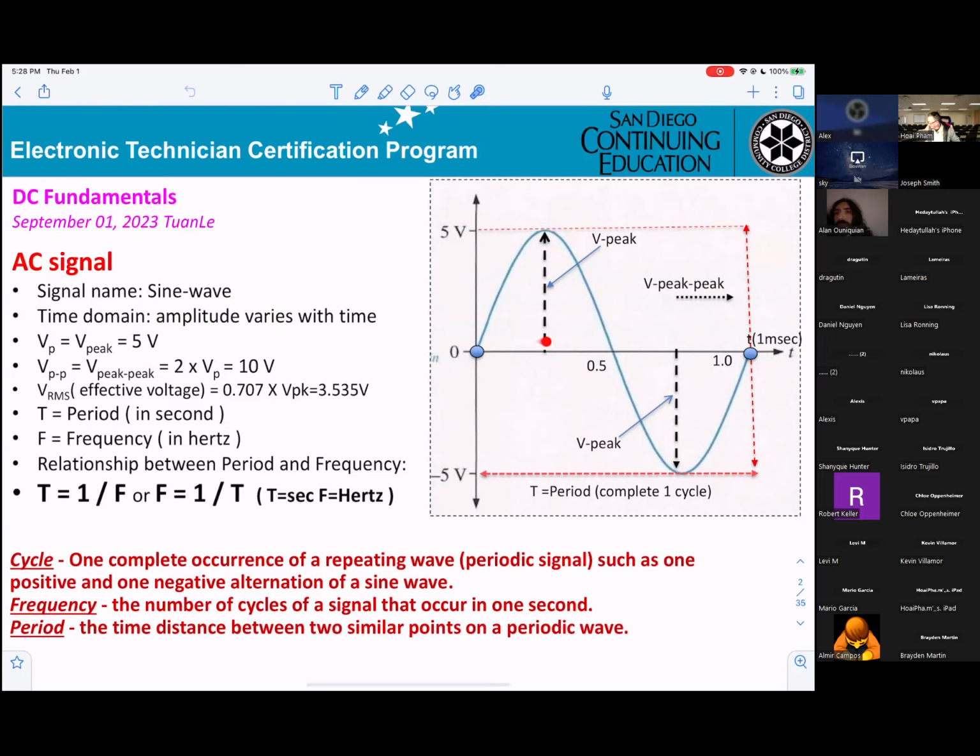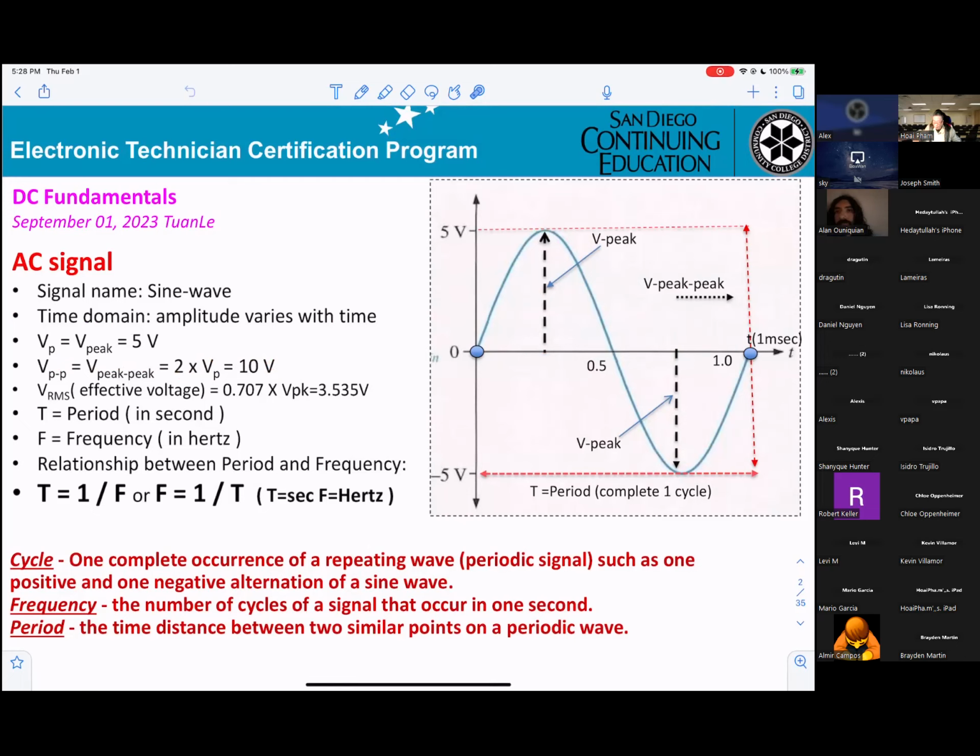That means from 0 going to the top, or 0 going to the bottom here. That's what we call a peak. And this will be 5 volts. And now, if the voltage is measured from the top to the bottom here, that's what they call V peak to peak. That means 2 times V peak is 10 volts.